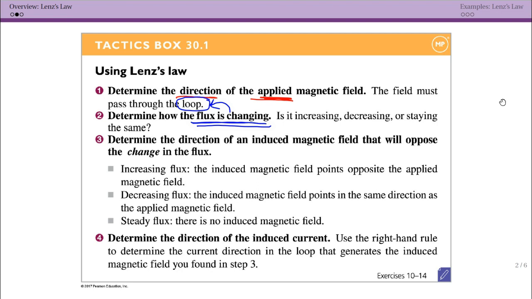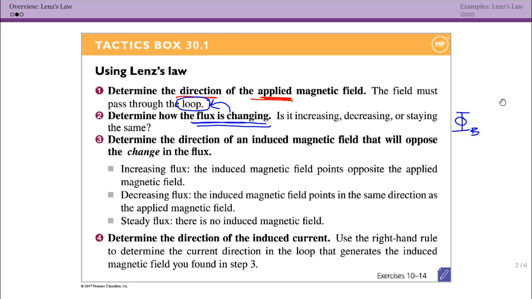So your starting point in the problem is always going to involve an external magnetic field, applied magnetic field, whatever you want to call that, and a loop. So figure out what your external magnetic field is, figure out what your loop is, so then you figure out how the flux is changing. Obviously, that means that you need to figure out what your flux is, your magnetic flux, but then it's changing in some way, increasing, decreasing, etc.